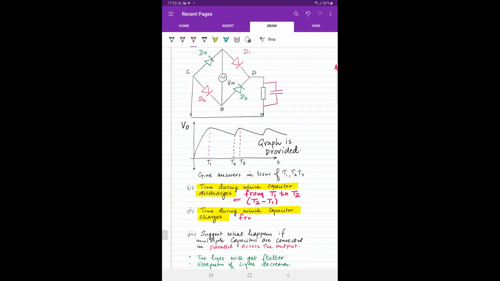So either from T2 to T3 or T3 minus T2, जो भी आपको convenient लगे.